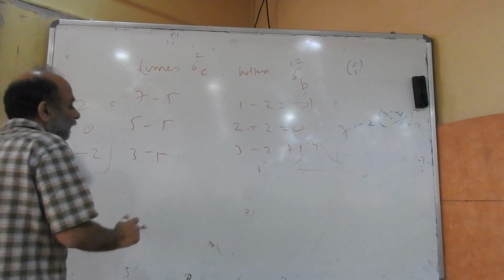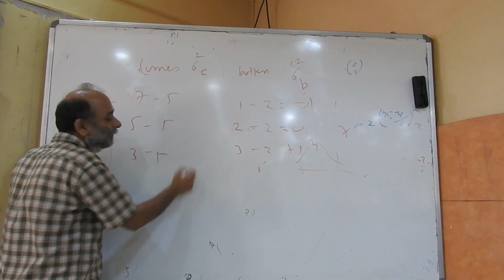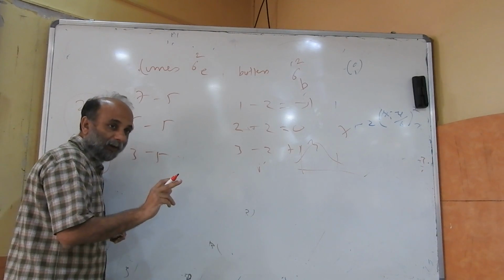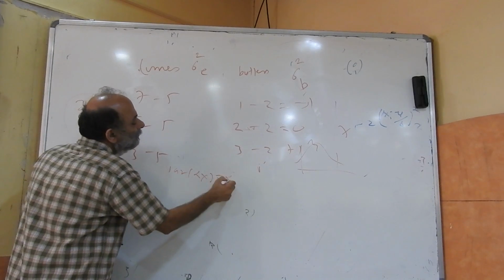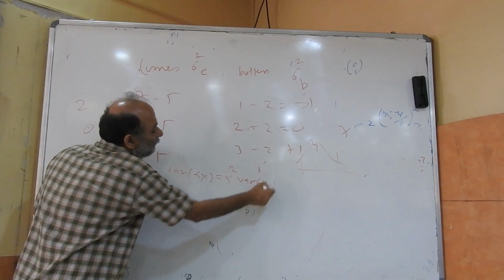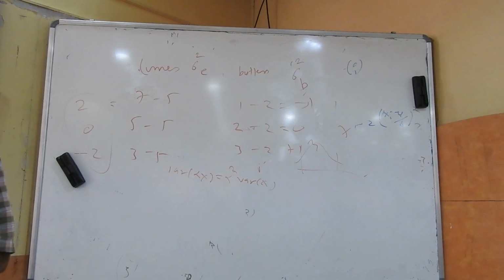Remember a very important property. If I multiply each value of x by alpha, then the variance of alpha x becomes alpha square variance of x. You remember that? That was the first exercise. So the variance of alpha x is nothing but alpha square variance of x. Right?